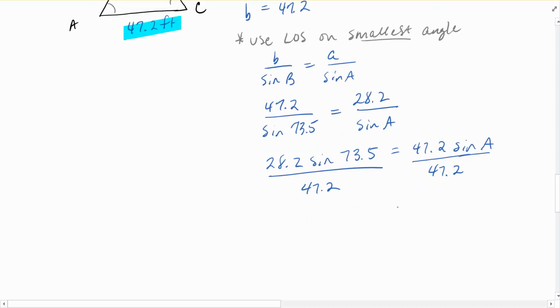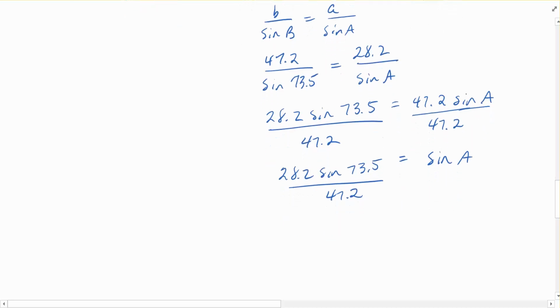That gives me that the sine of angle A is equal to this fraction over here. And I'm not going to do anything with it until the very end, so I have 28.2 times the sine of 73.5 divided by 47.2. Don't forget, though, I'm trying to solve for angle A, and when I do, the operation that I'm going to perform is I'm actually going to take the inverse sine of both sides.